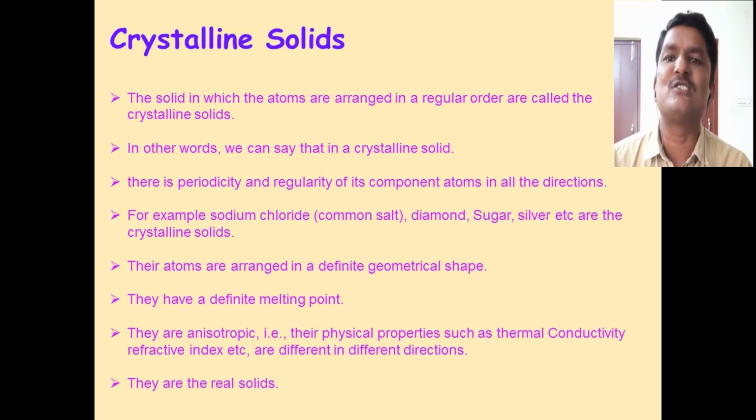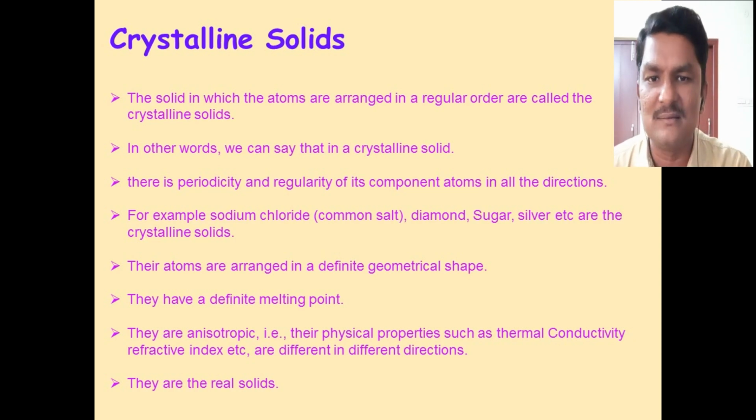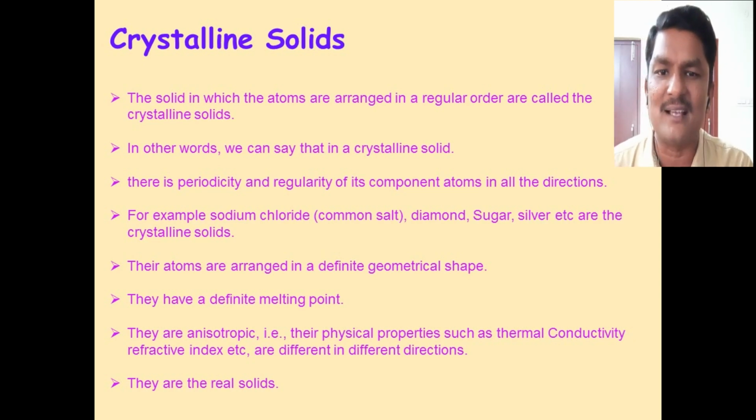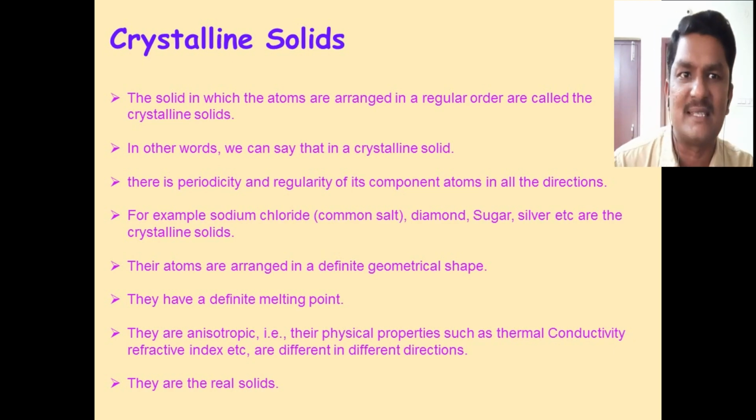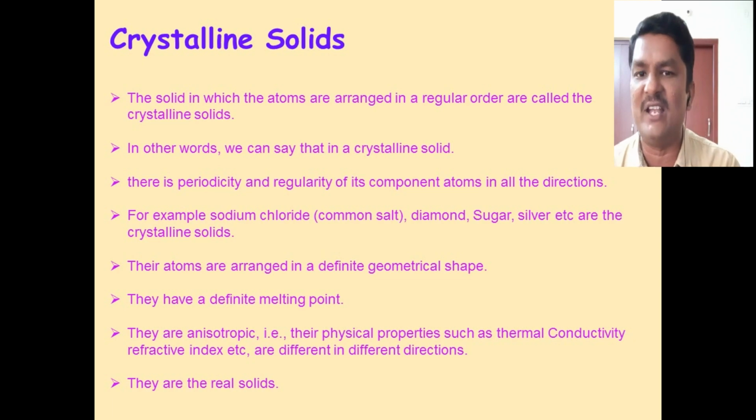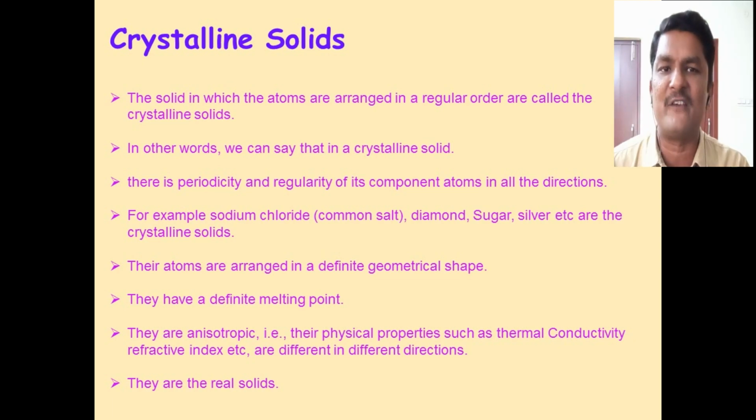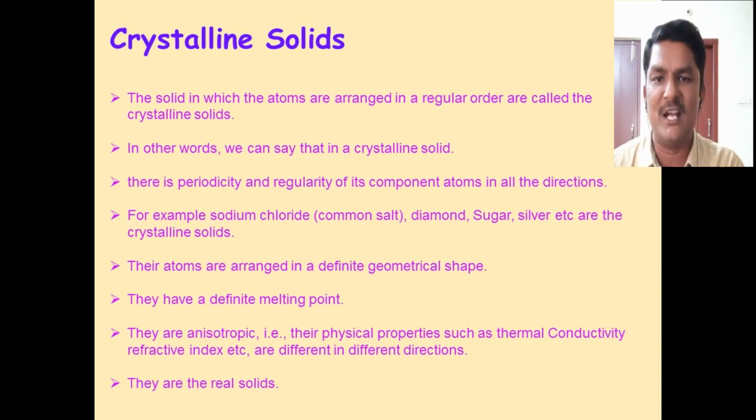Crystalline solids are anisotropic. What is meant by anisotropic? The substance whose physical properties such as thermal conductivity and refractive index are different in different directions, that property is called anisotropic nature.